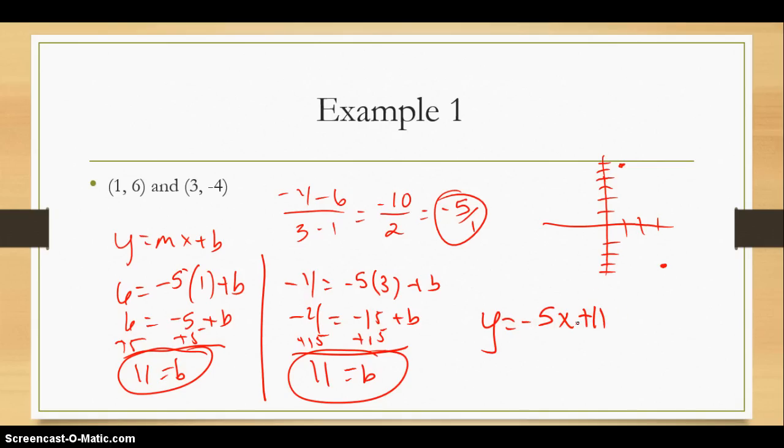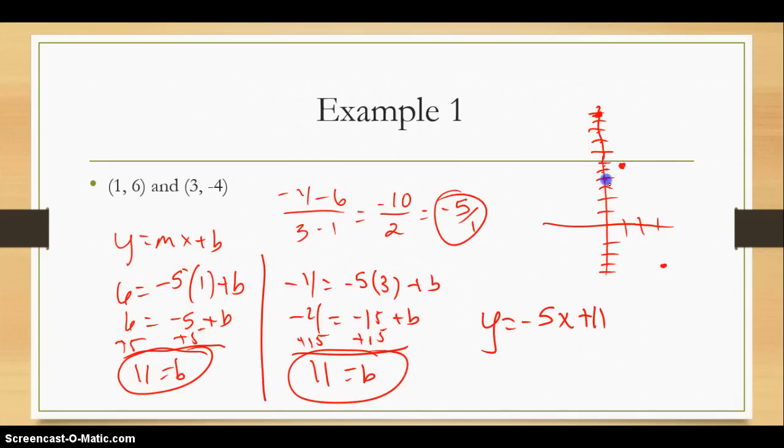Okay, so if you want to check your work, you can go to 11. Remember we're at (1, 6) here. But if you went up 7, 8, 9, 10, 11, we know that it crosses the y-axis there. We go down 5, 1, 2, 3, 4, 5 over 1.